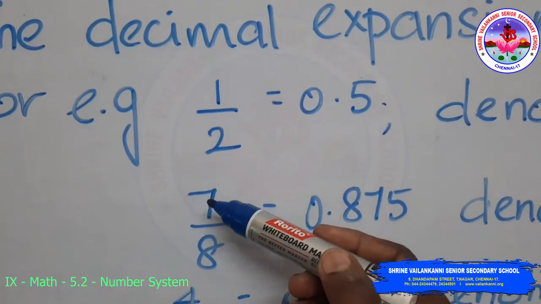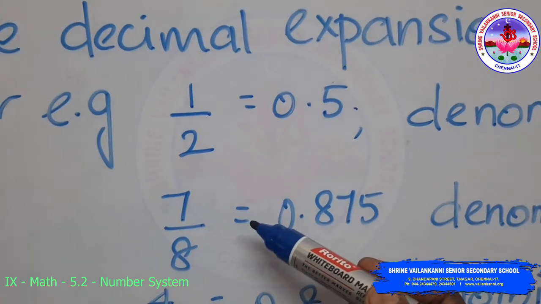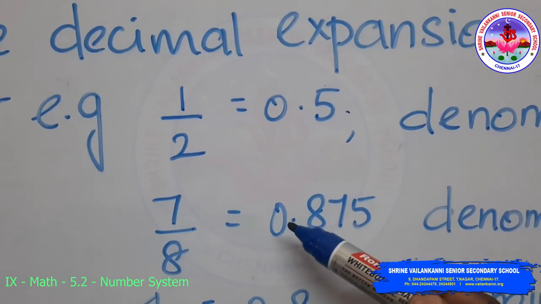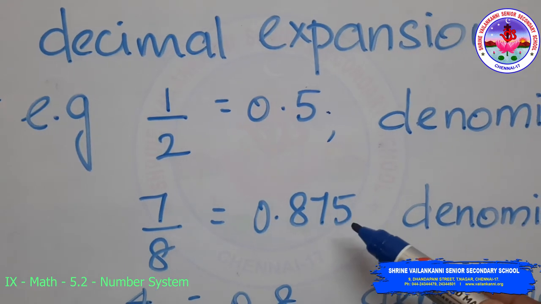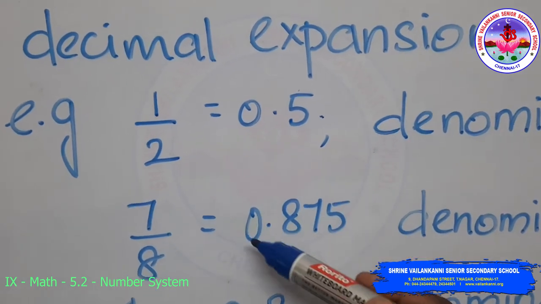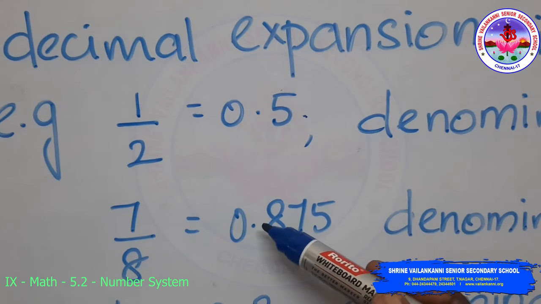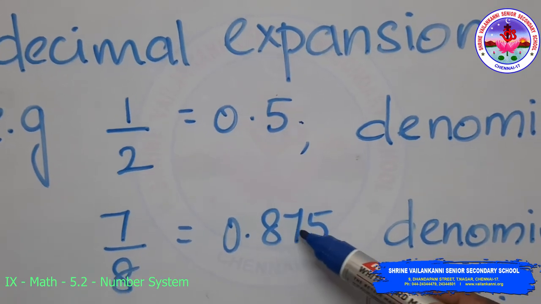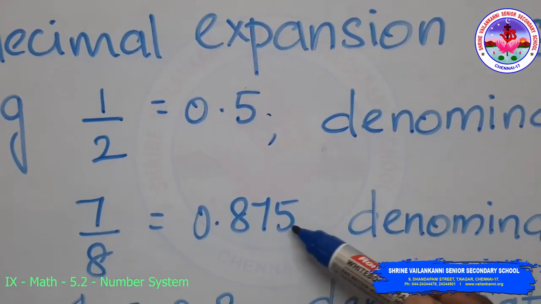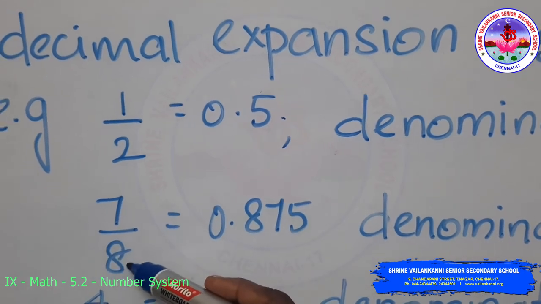Second example, 7 by 8, we'll be getting the decimal expansion 0.875. So here also the decimal expansion after the decimal point, after 3 digits, it ends when my denominator q is 8.